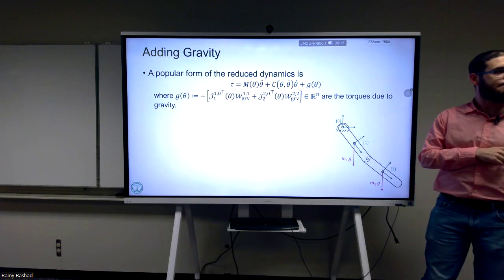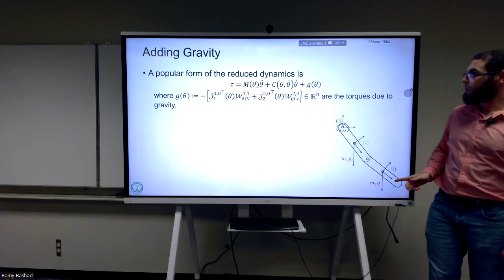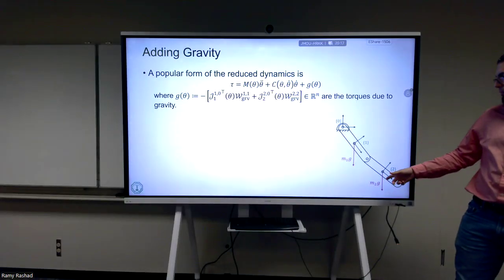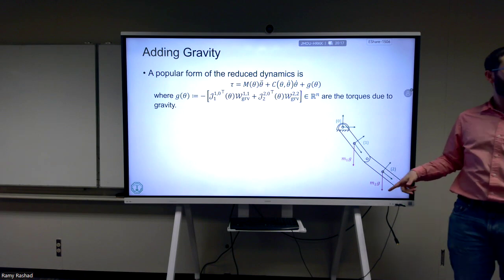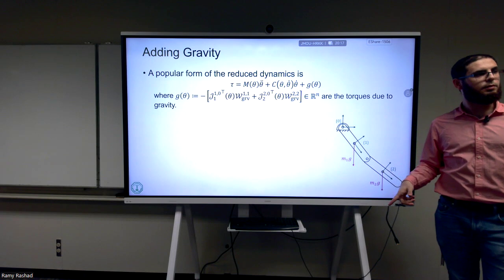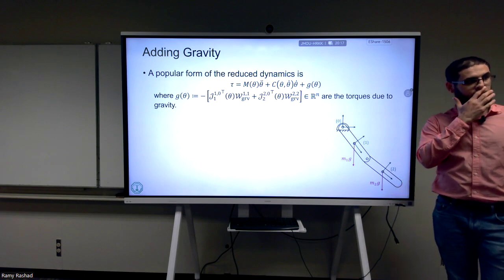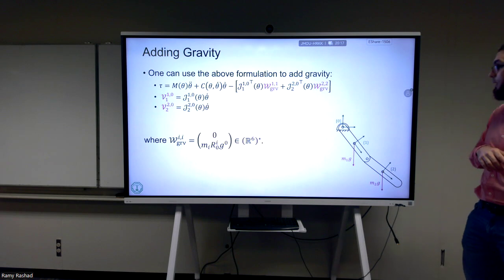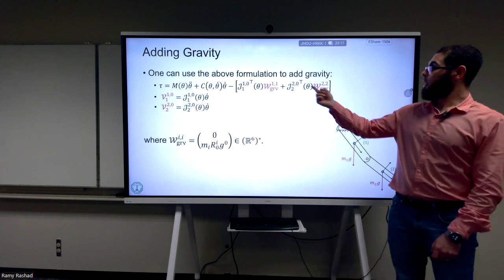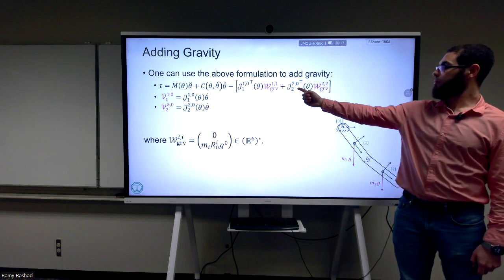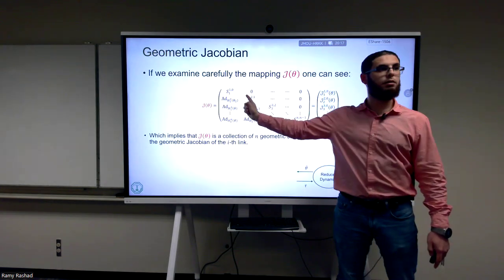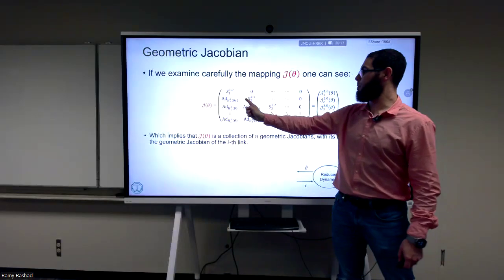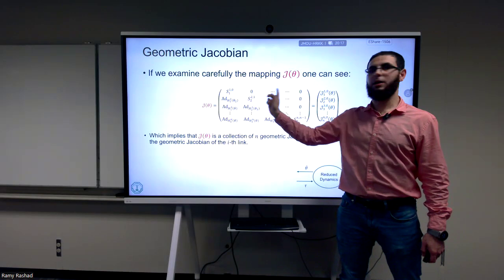The gravity for the first link will affect the torque for the second. You mean this one? Yes, most probably. Let's see. This one is multiplied by this gravity. Let's go to this expression. This one has two terms: this one will be multiplied by the first wrench, and this one by the second wrench.